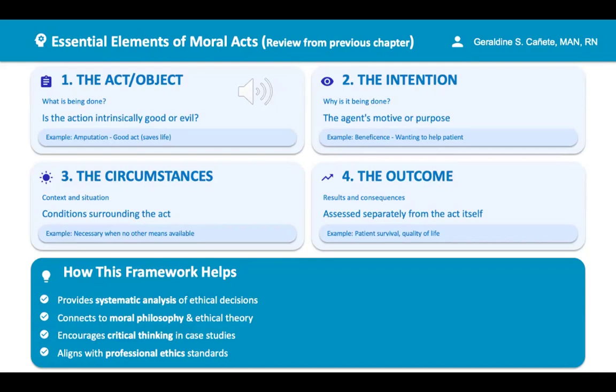It's a way to ensure that you are considering all of the relevant factors and that you are making decisions that are consistent with your ethical values. By using this framework, you can approach ethical dilemmas with confidence and clarity.